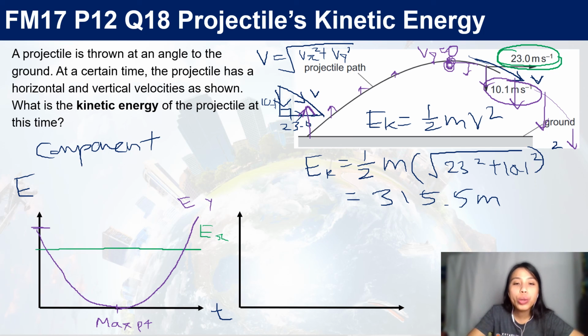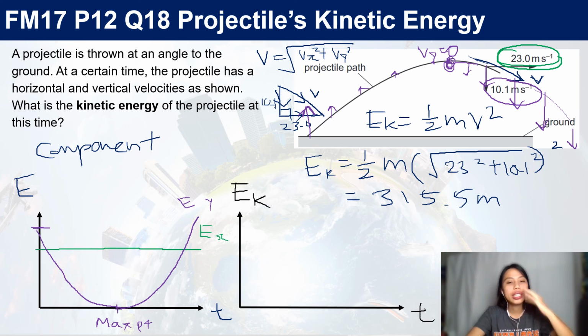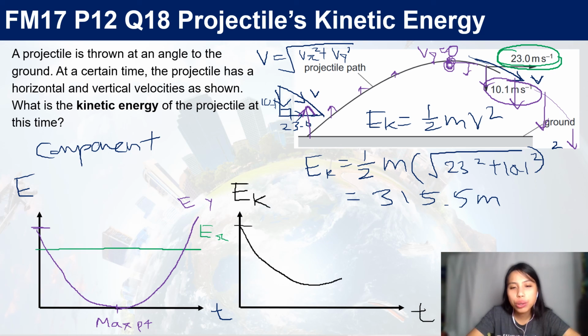If you put it together, you get what we call the true kinetic energy of this projectile. Meaning the V. How does the V really change? It's basically adding up your X and Y together. So it's going to start with some initial velocity V, and it's going to go down. Will it go down to 0? Actually, no. It's going to continue going up.